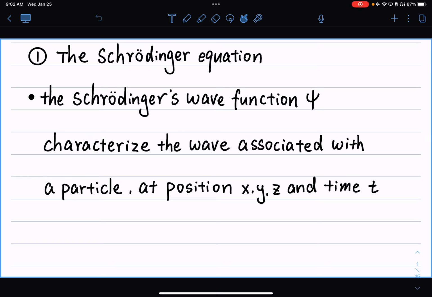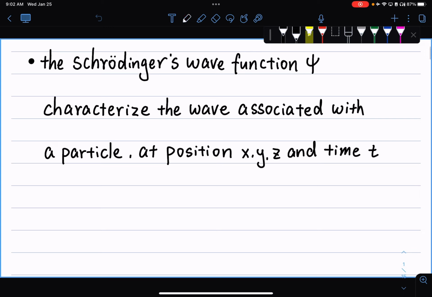First things first, what is the Schrödinger equation? The Schrödinger equation gives you the wave function phi that characterizes a wave associated with a particle at position x, y, z, and time t. If we write out the actual Schrödinger equation, first we have the Hamiltonian operator. You don't need to know what that means.